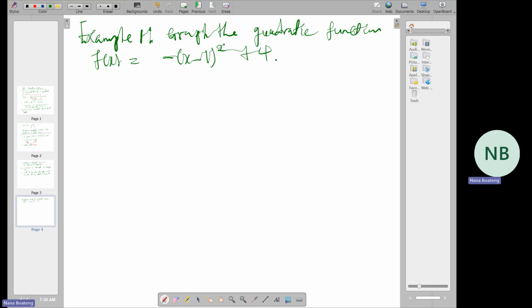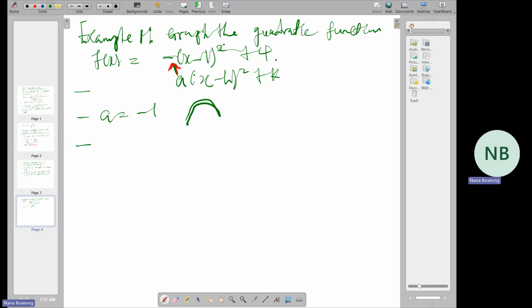All right, so we'll go through the steps. The first thing is to check whether a is greater than 0 or less than 0. If we compare this to the standard form, a(x minus h) squared plus k, we can see that a is equal to negative 1, which means it is less than 0, so the curve opens downward.